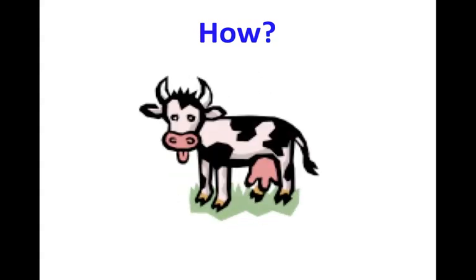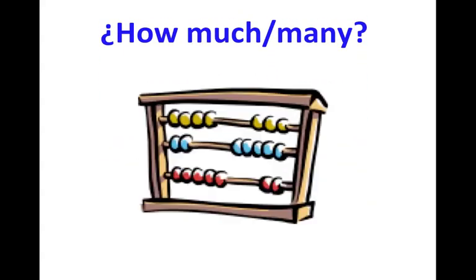Now see if you can come up with the interrogative how. Think of the little expression we just learned, how. ¿Cómo? Remember the expression? How does the cow moo? ¿Cómo se dice how much, how many? ¿Cuánto? Quantity. Cost.